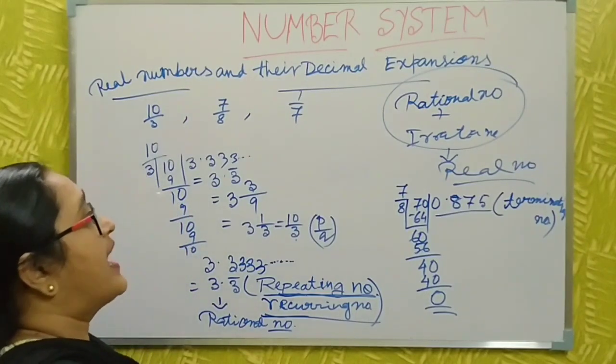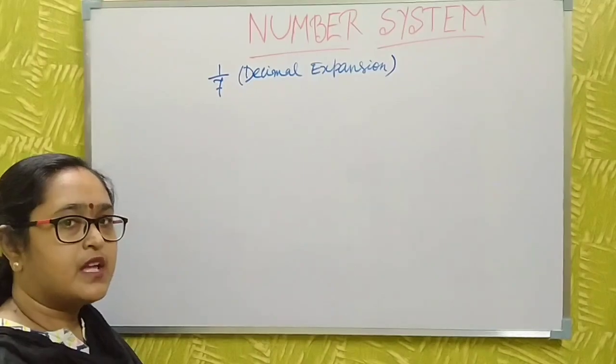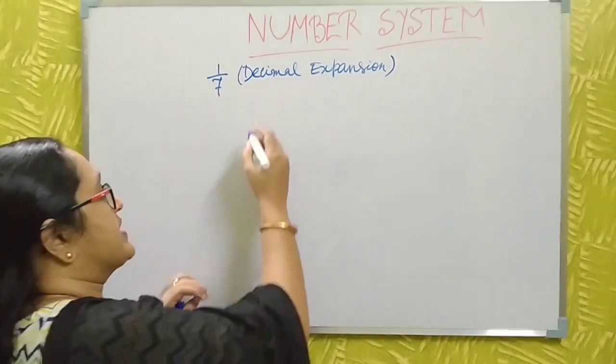Now I divide 1 by 7. Now I do 1 by 7 in decimal expansion.